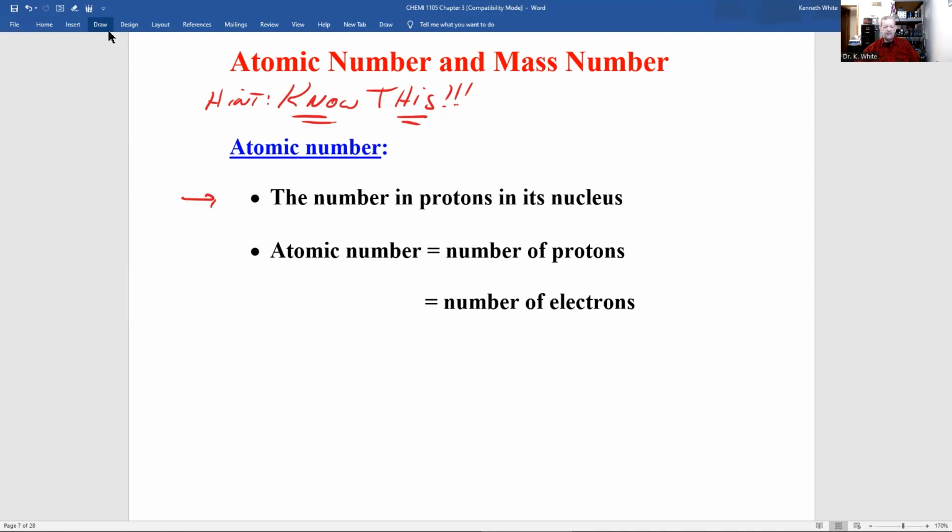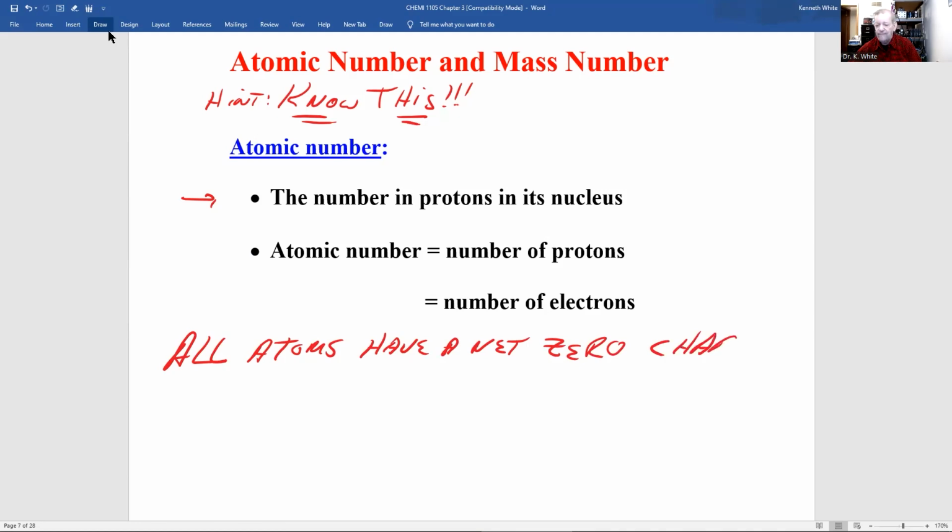Now, this is very important. All atoms have a net zero charge.